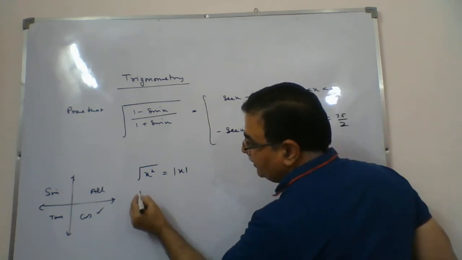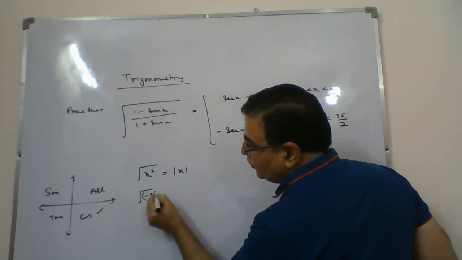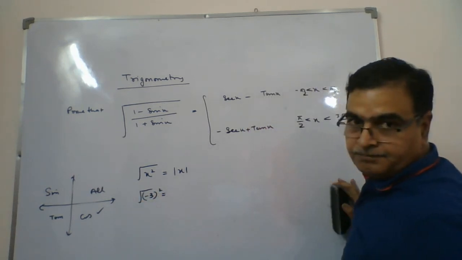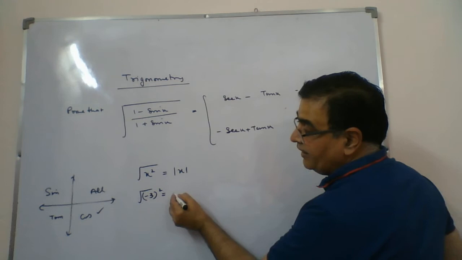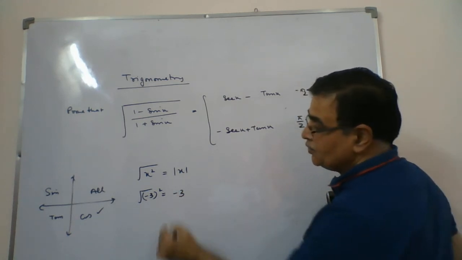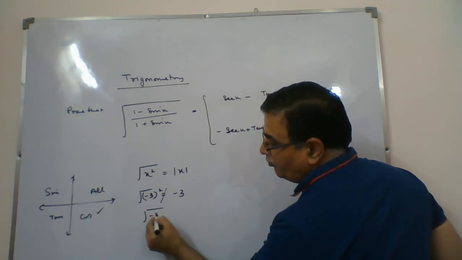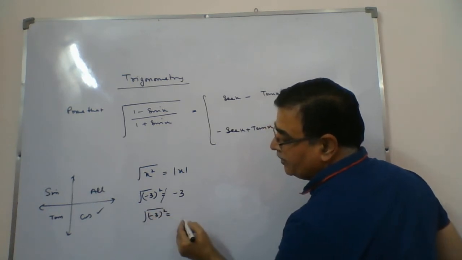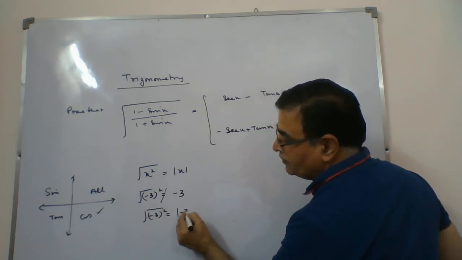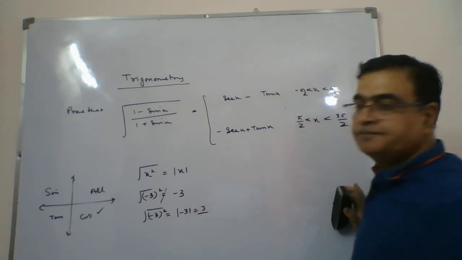For example, if it is minus 3 whole square, you can't write this answer as minus 3. This will be wrong. What I should write here: under root of minus 3 whole square, actually it will come 9 and your answer will be modulus of minus 3, that is 3.